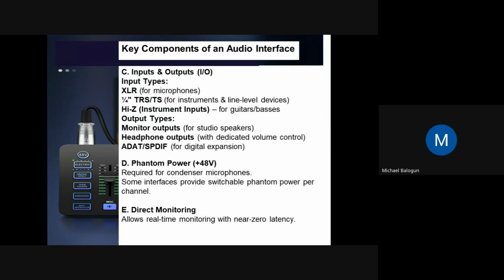Now we have phantom power. We talked about phantom power the other day. What phantom power does is supply 48 volts, which powers what's required for a condenser mic.